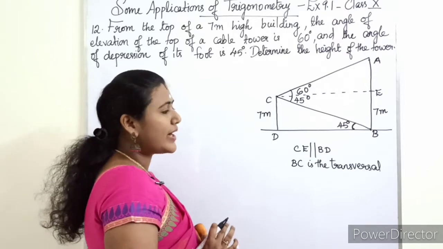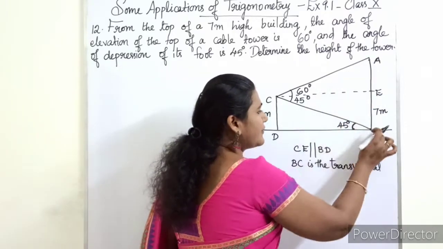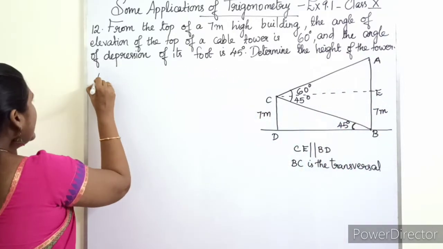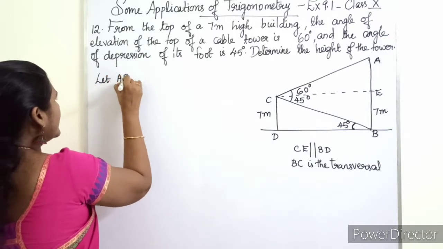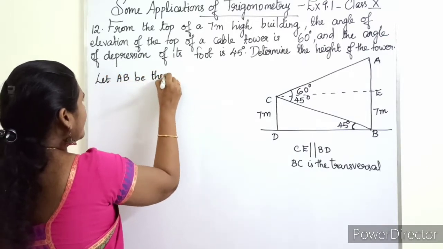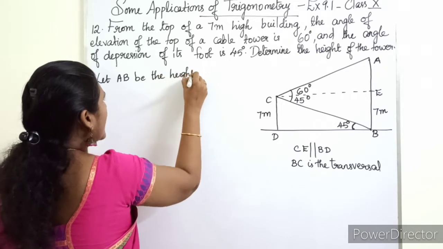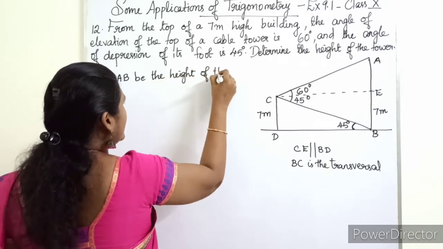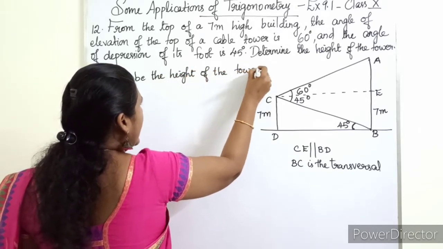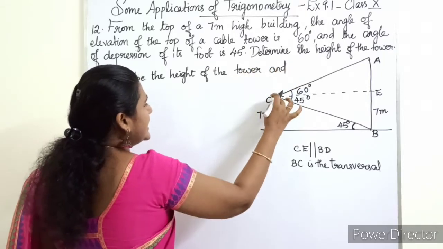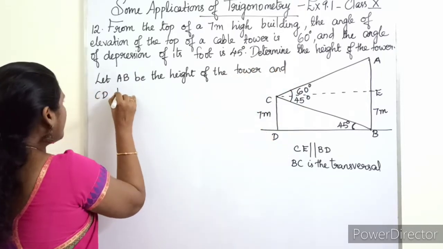Now we are going to find out the height of the tower. Let AB be the height of the tower and CD be the building.